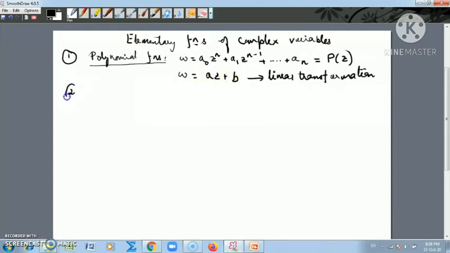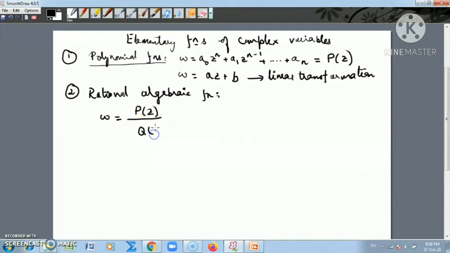Then we come to the second type, that is a rational algebraic function. If w is equal to P(z) over Q(z), where both P(z) and Q(z) are polynomials, please write this down.